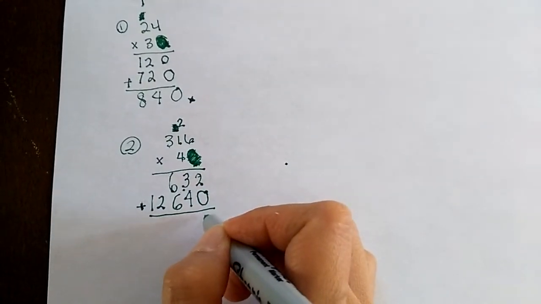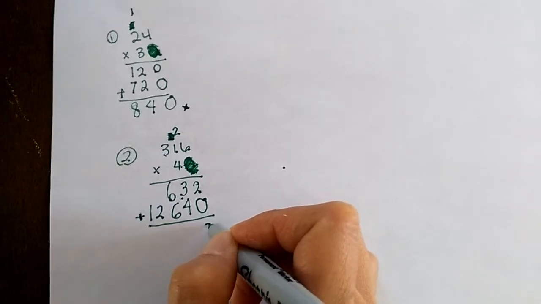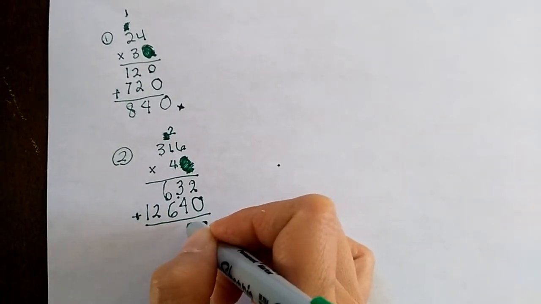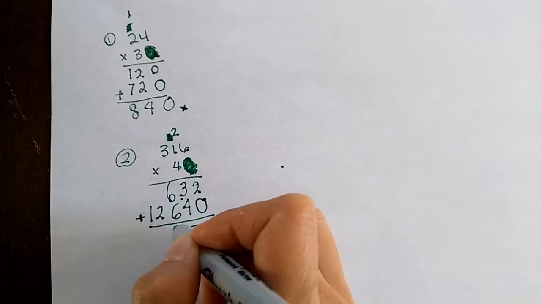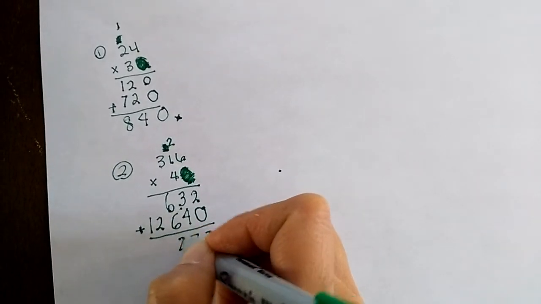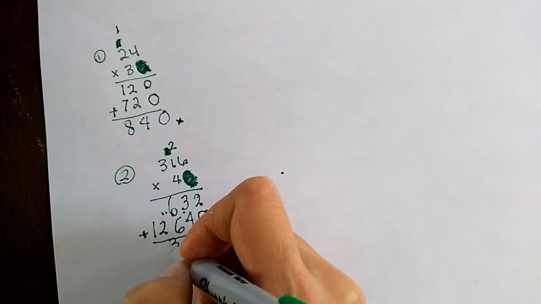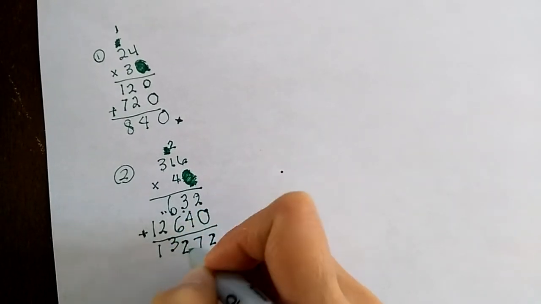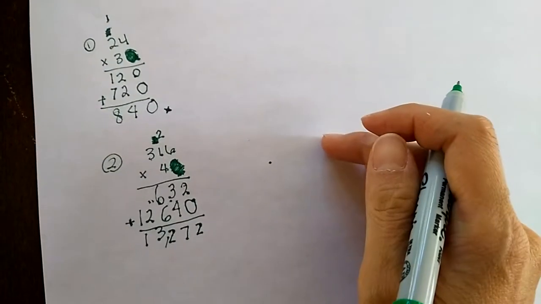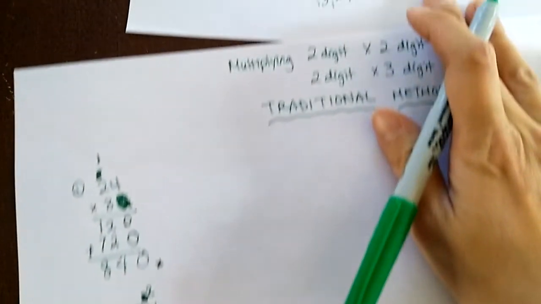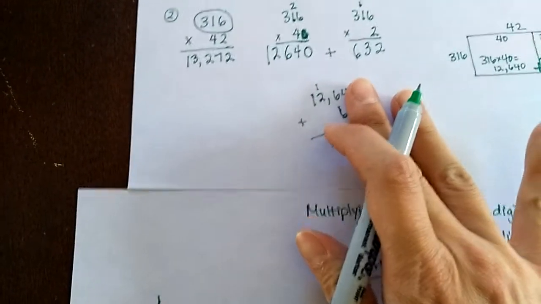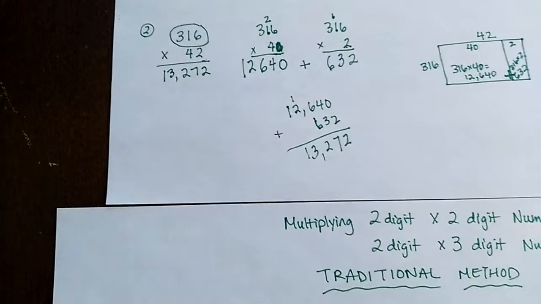So 2 plus 0 is 2. 3 plus 4 is 7. 6 plus 6 is 12. 2 plus 1 is 3. And 1 plus 0 is 1. So my answer is 13,272, just like I got last time, 13,272. And that's it.